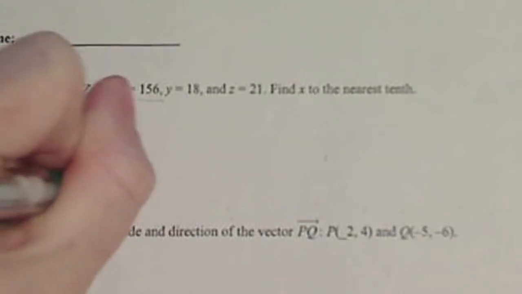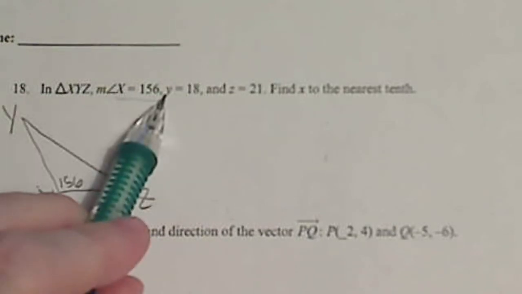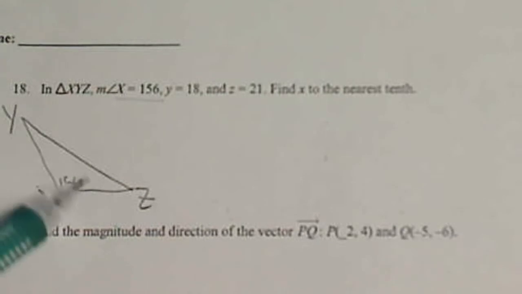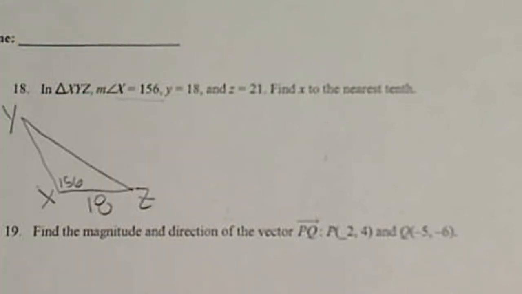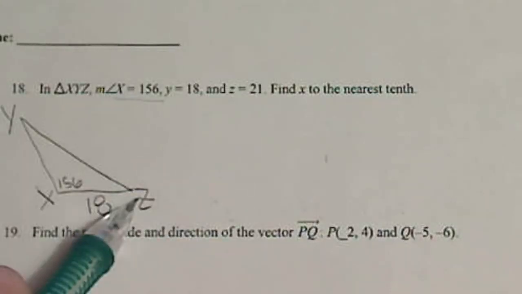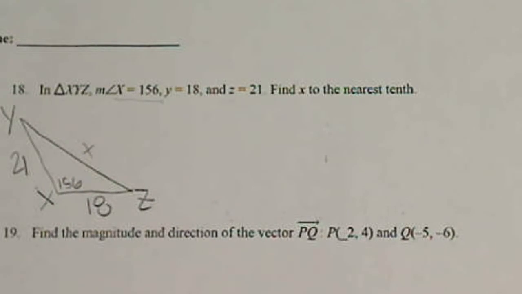So let's call that Y and that Z. You know that this lowercase letter represents a side, so that side is across from angle Y. It's 18. This is also a side, Z, so it is across from angle Z over here. And you want to find X, lowercase x, that's this little side over there, to the nearest tenth.